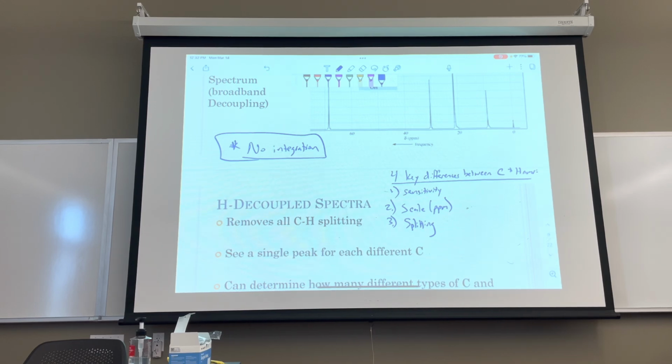All carbon spectra will be to some degree decoupled, usually broadband decoupled, to where all of your peaks collapse to singlets. And then finally, integration. There is none for carbon spectrum.